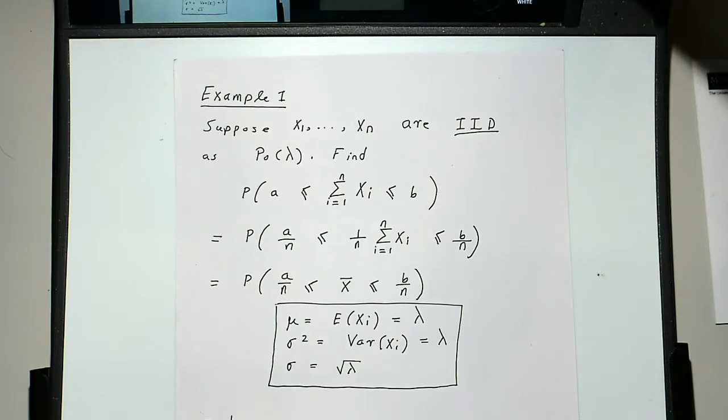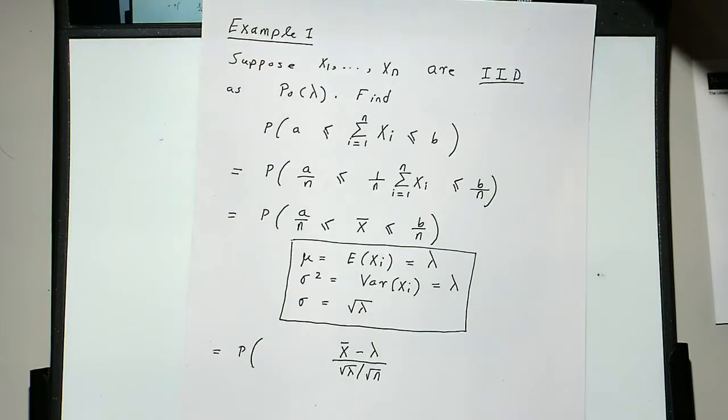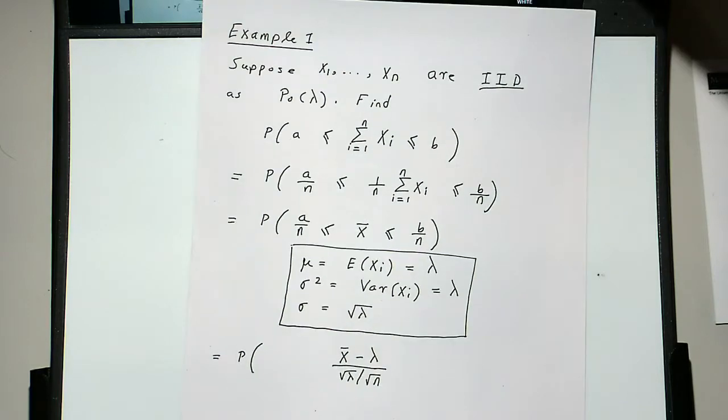So now in the middle, I'm going to subtract the mu, which is lambda, and divide by square root of lambda divided by square root of n. You see why I'm doing this? Because I'm using the central limit theorem, right? Okay, so I need to do that.